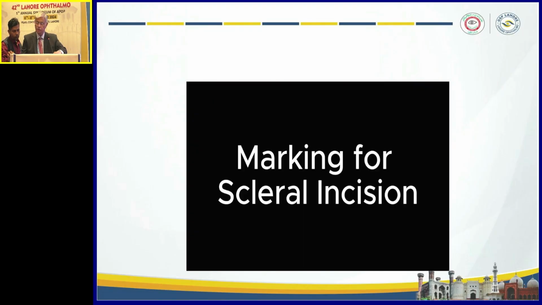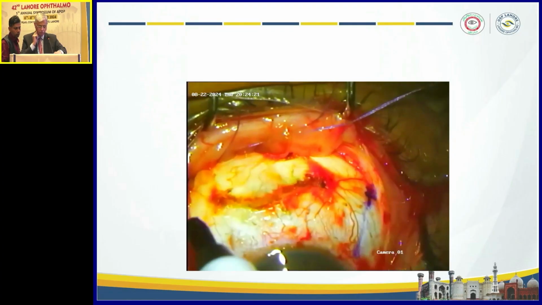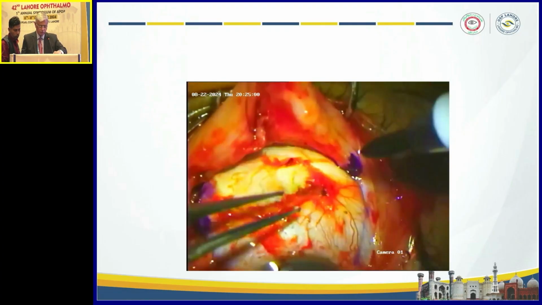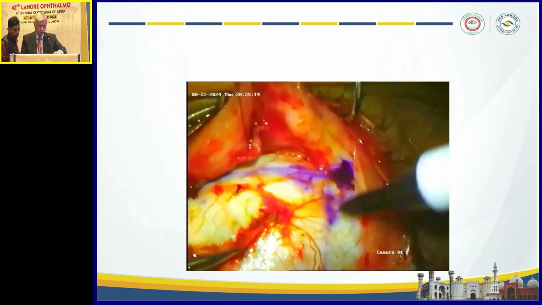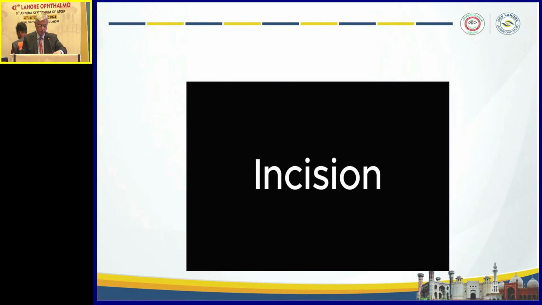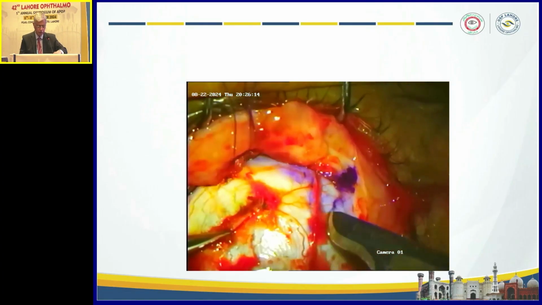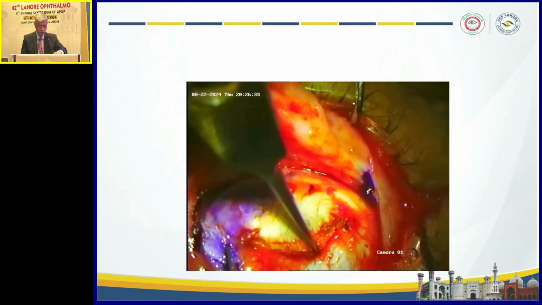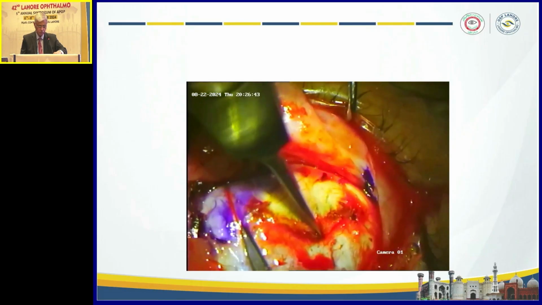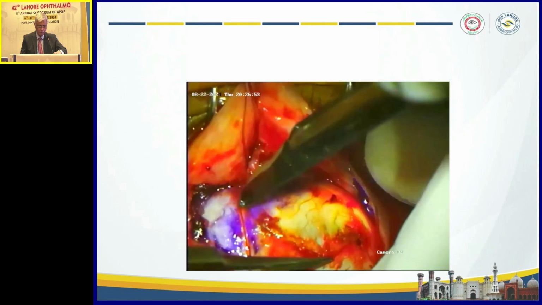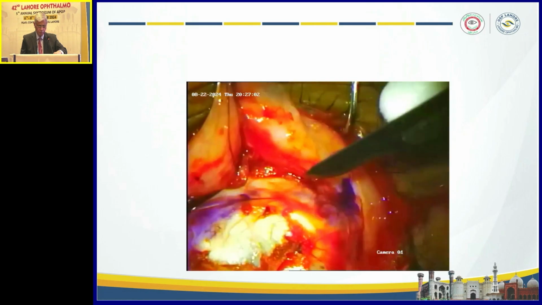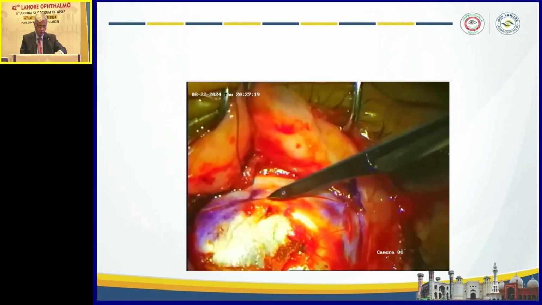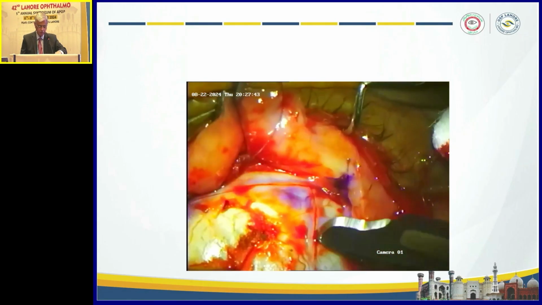After disinserting the inferior rectus, we mark the sclera according to the size of the tumor shown in the ultrasonography and its location. Then we made an incision in the sclera and raised a flap to expose the melanoma.